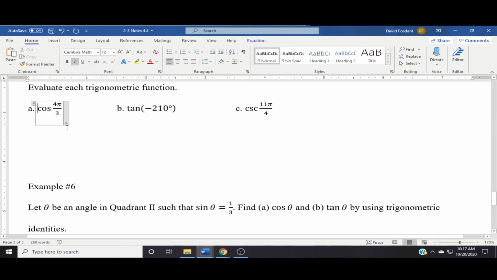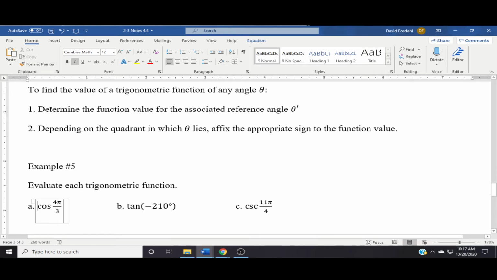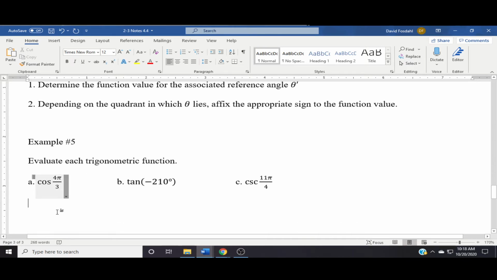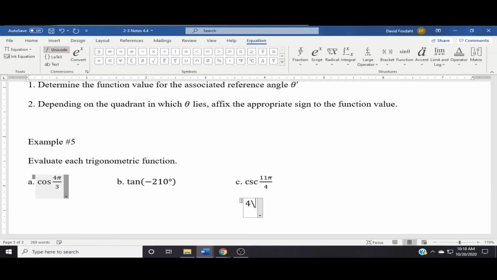So cosine of 4 pi over 3, well, what would be our associated reference angle? Well, this would be quadrant 3, so 4 pi over 3. So doing this real quick, we do 4 pi divided by 3 minus pi, and that would equal pi over 3. So that's our reference angle.